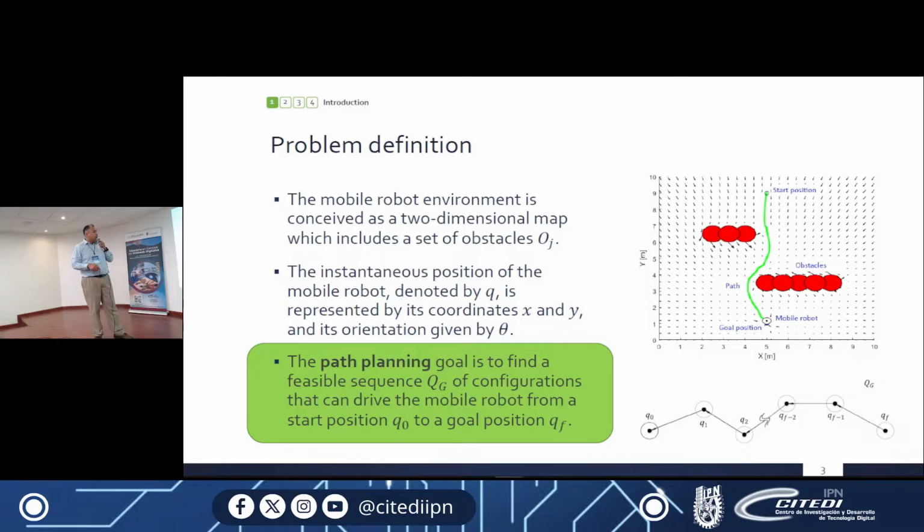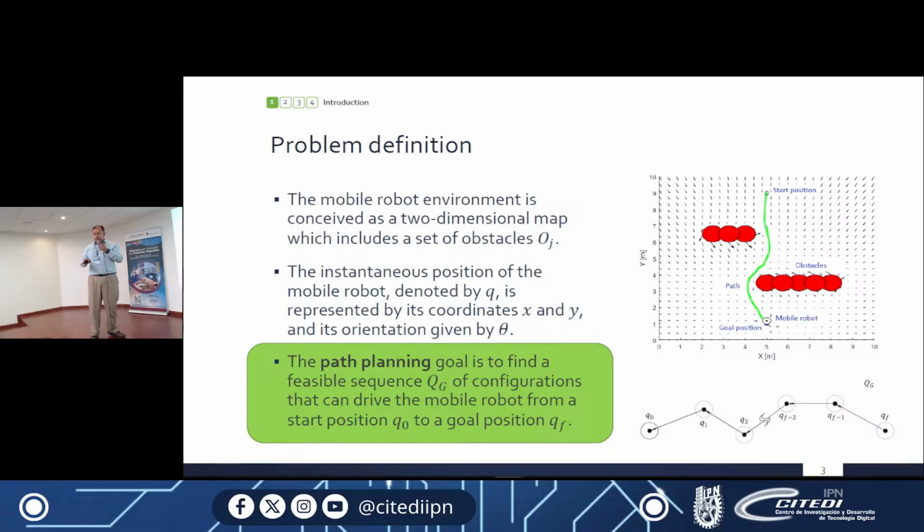Our mobile robot is a particle denoted by Q, and every state of the mobile robot is denoted by its coordinates, X and Y, and the angle of the orientation. So we know the position of the robot and the position of the obstacles.